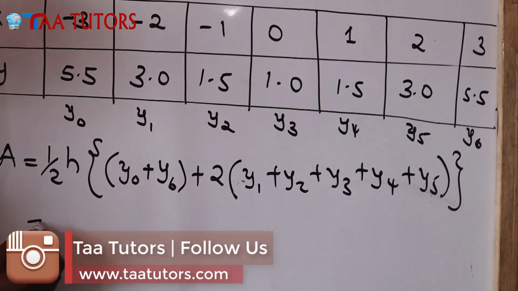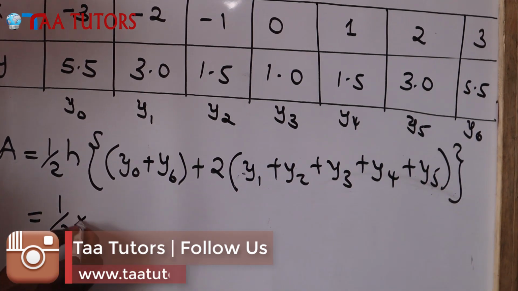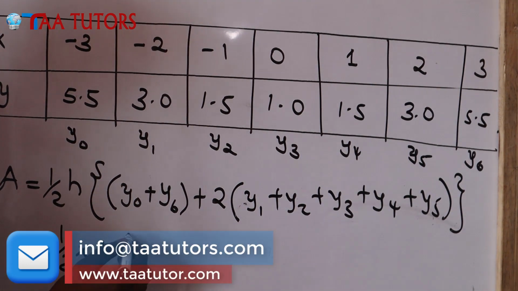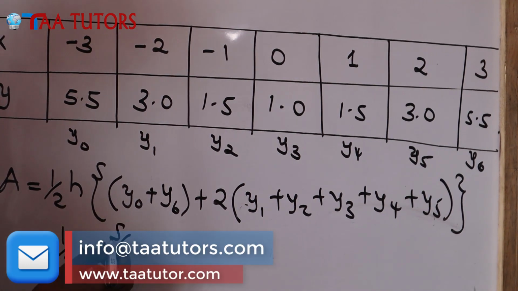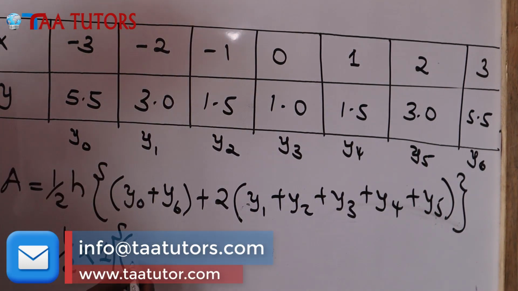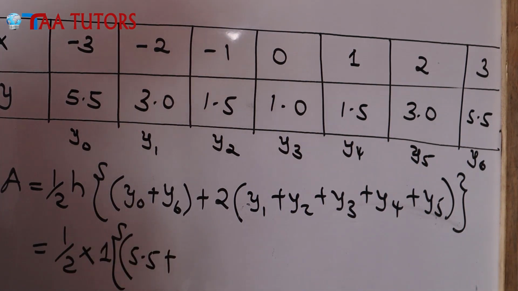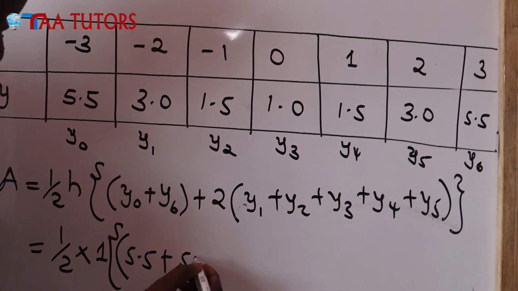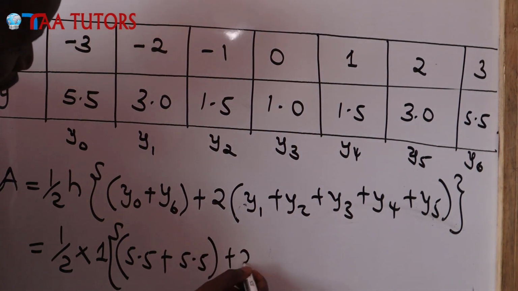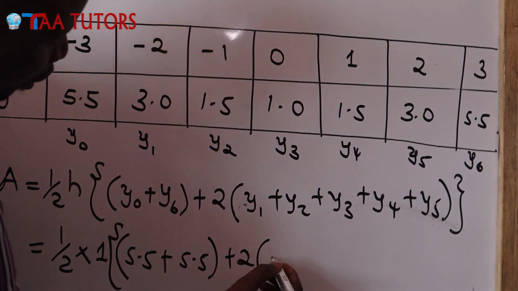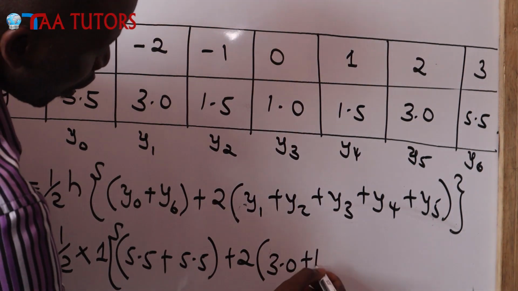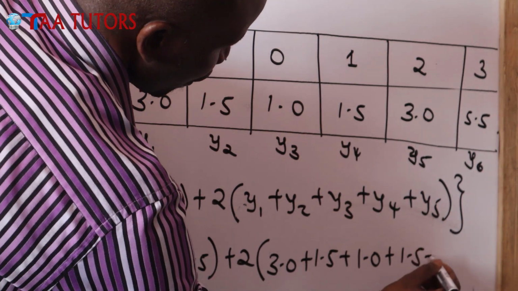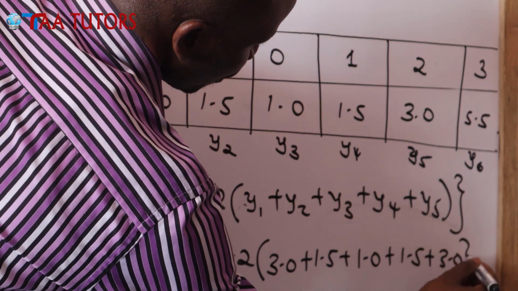So let's just substitute a half h, and h we already got to be 1, so we'll take 1 here, times into y naught is 5.5 plus y6 is 5.5 plus 2 into y1 is 3 plus 1.5 plus 1.0 plus 1.5 plus 3.0.